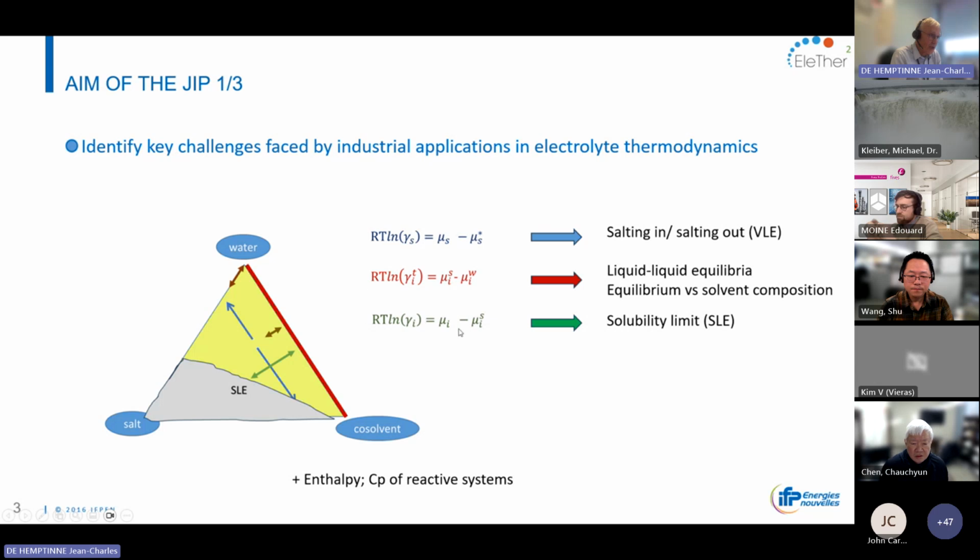And the third challenge is the high concentration problem. That means when we reach the solubility limit, so the computation of solid-liquid equilibrium. And this is without mentioning, of course, other issues, which are thermal issues, enthalpy and CP of these reactive systems, which is, of course, also very, very complex.